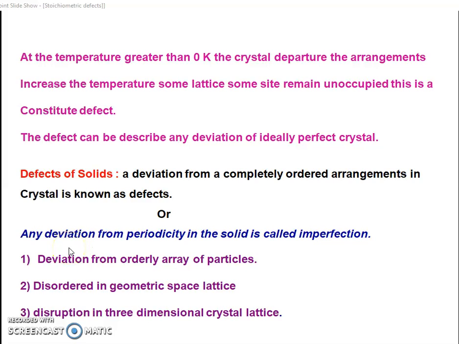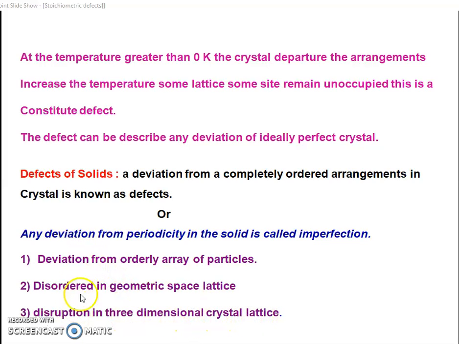So any type of defect observed in crystals may be due to the deviation from an orderly array of particles, disorder in the geometric space lattice, and third, a disruption in the three-dimensional crystal lattice.